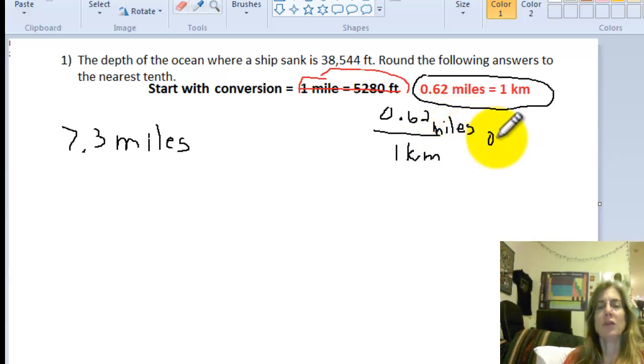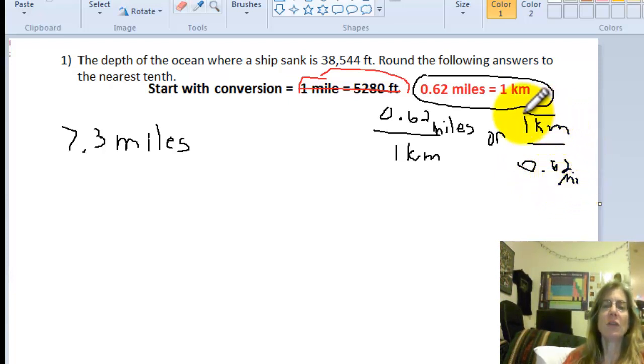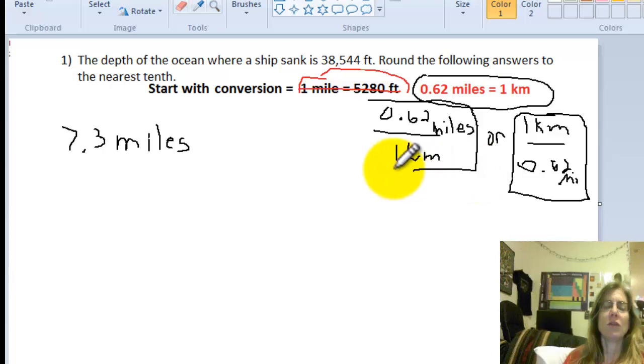But you need to be able to understand this particular step. Or you can have it be a unit fraction the other direction, 1 kilometer over 0.62 miles, and I can explain why that is. I just don't want this to go on forever and ever. So that's two different fractions: 1 kilometer over the 0.62 miles, or the 0.62 mile over the 1 kilometer.